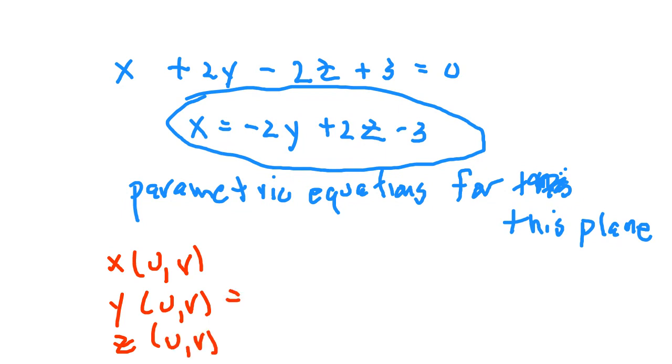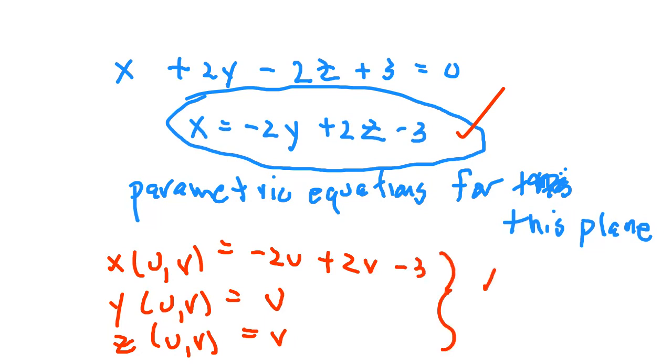And because I wrote the plane equation as x equals a function of y and z, I'm going to let y equal u and z equals v. I can do that. This means then that x will equal negative 2u plus 2v minus 3.